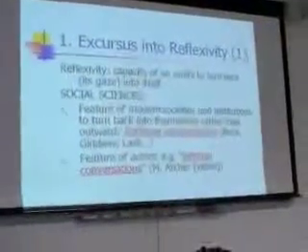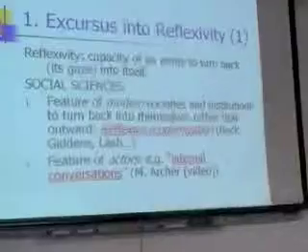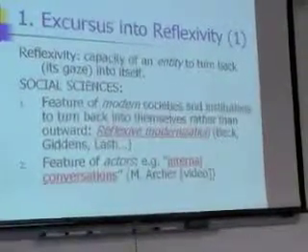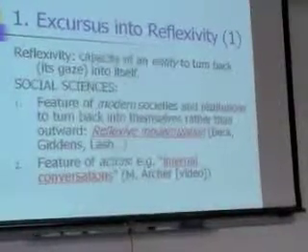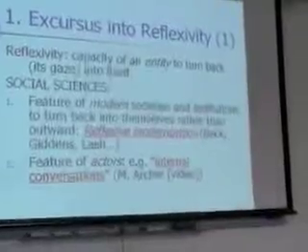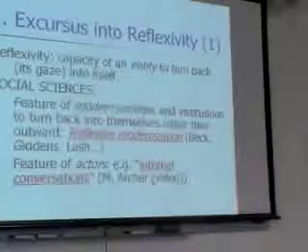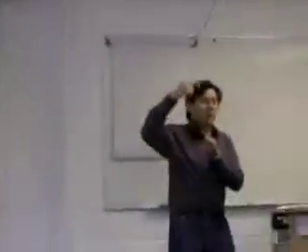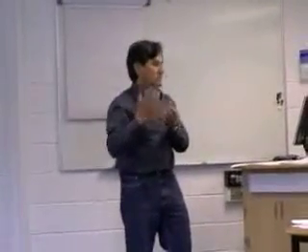In the social sciences, there are two different ways in which reflexivity has been dealt with. One is as a characteristic of modern societies, this capacity that they have to look into themselves. Since the 19th century or even before, societies were turned mostly outwards, trying to control nature and take advantage of it.